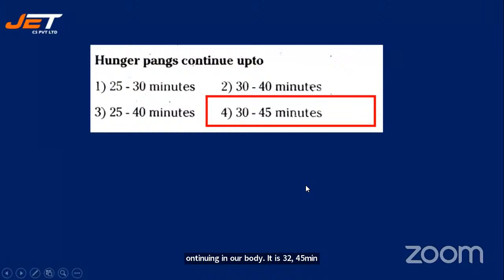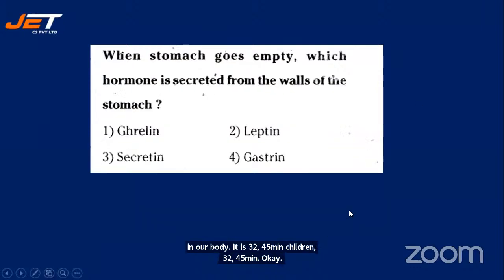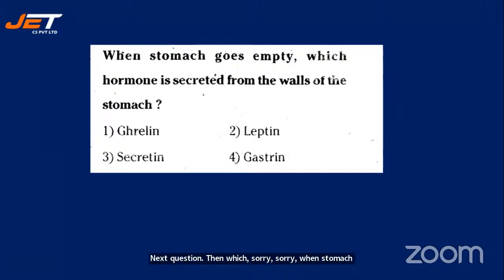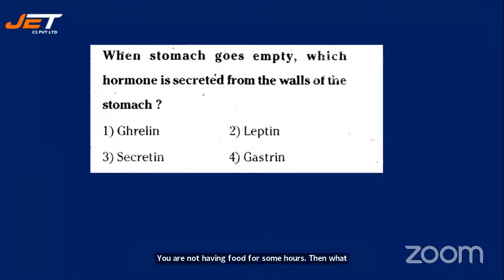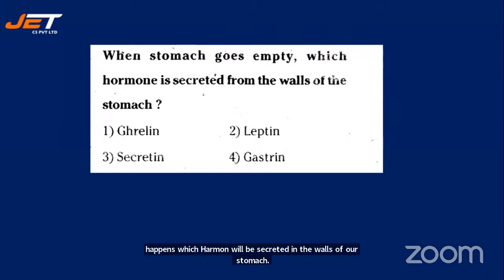Okay. Next question. When the stomach goes empty, which hormone is secreted from the walls of the stomach? You are not having food for some hours. Then what happens? Which hormone will be secreted in the walls of our stomach? It is in your textbook again: ghrelin, leptin, secretin, and gastrin. What is the hormone secreted by the walls of the stomach when we are starving for some time?